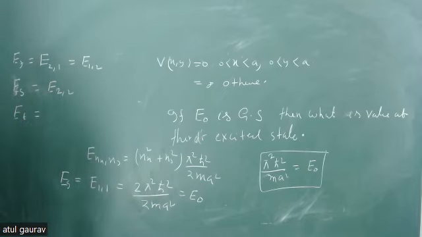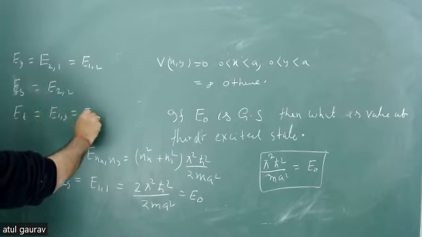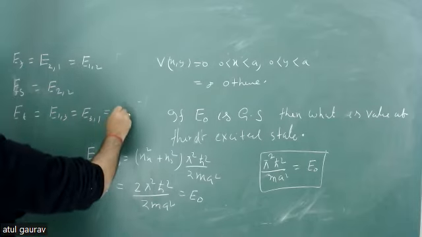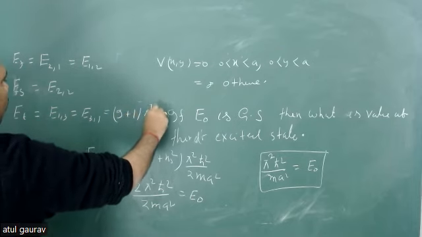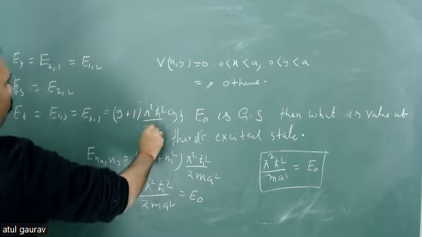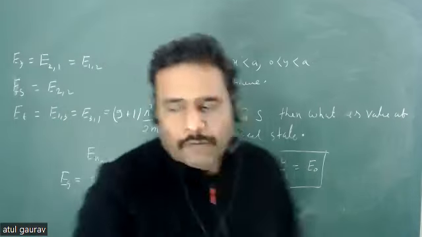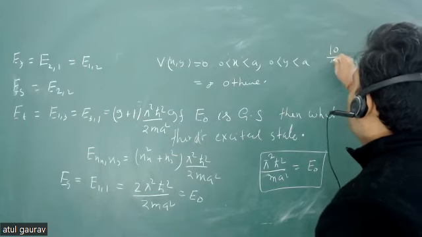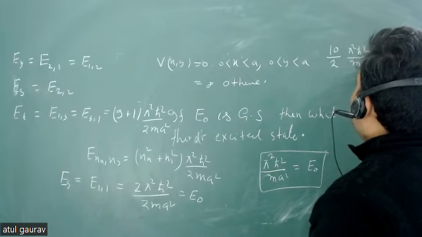Tell me. E13 and E31. Is that right? So what is this value? 9 plus 1, times pi square h cut square upon 2 m a square, and this value is 10 by 2 pi square h cut square upon m a square.